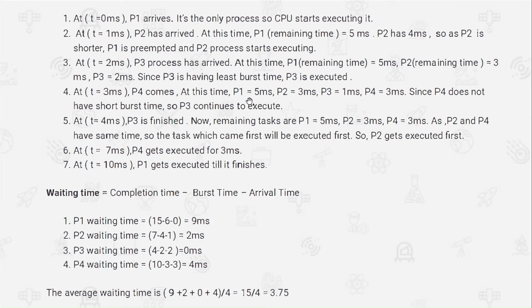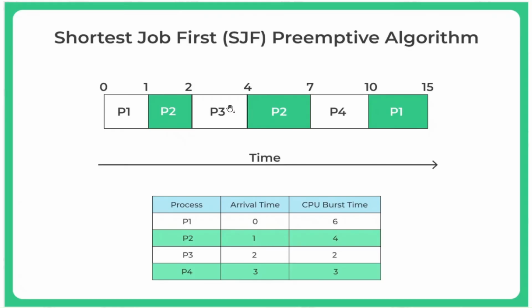So now we need to sort these remaining burst times. So we'll get only P3 because it has the lowest burst time. Since P4 does not have a shorter burst time, P3 continues to execute. So P3 will be executed, and P3 will be completely executed.